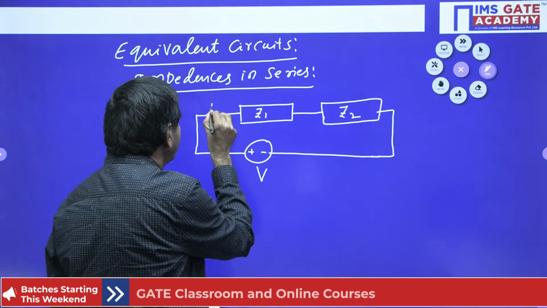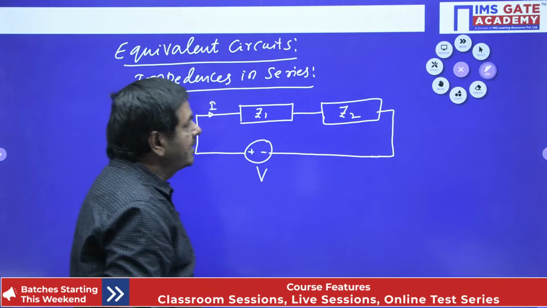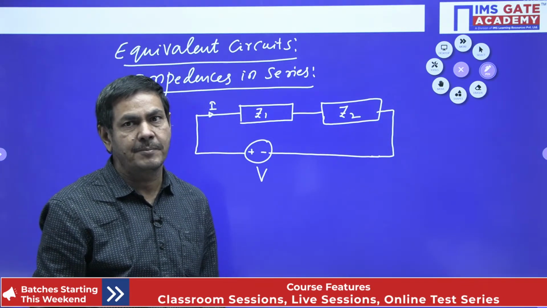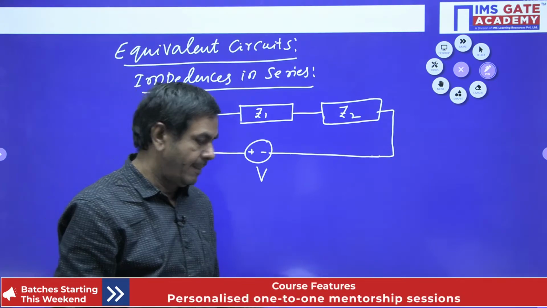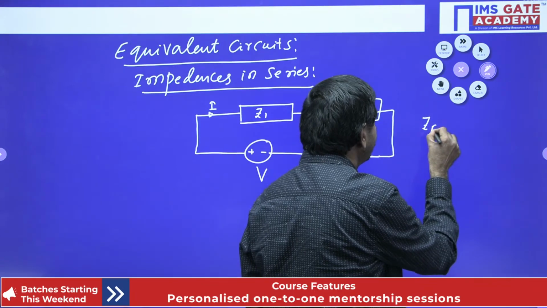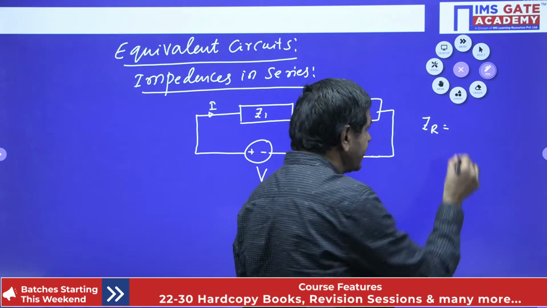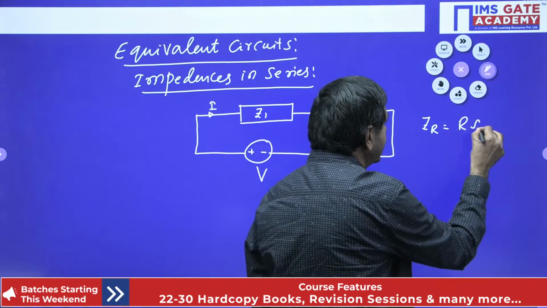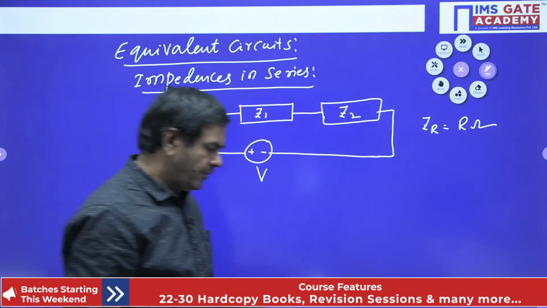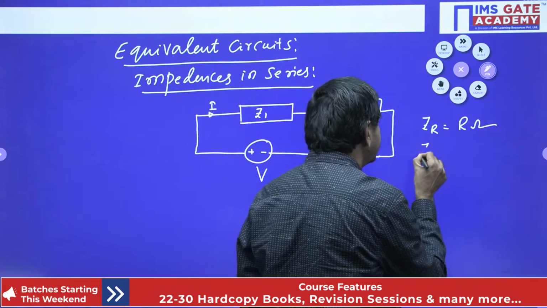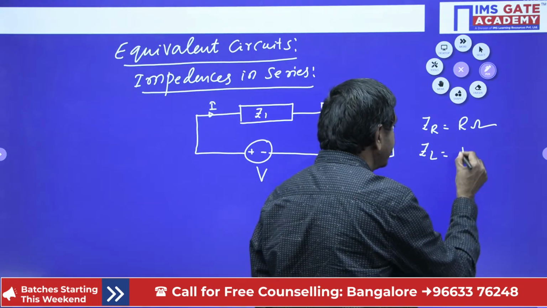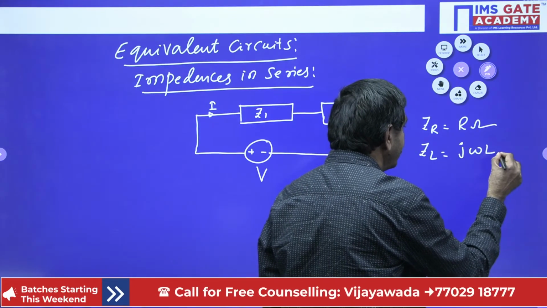The current is I. Z1 and Z2 may be resistors, inductors, or capacitors. Whenever a resistor is given, ZR can be taken as R ohms. Resistances are given as R1, R2 ohms. If an inductor is given, ZL can be taken as j omega L ohms.